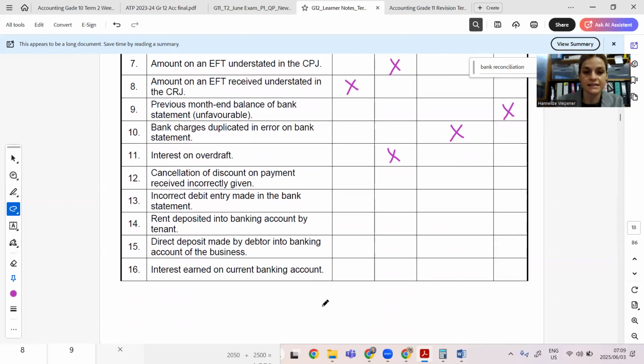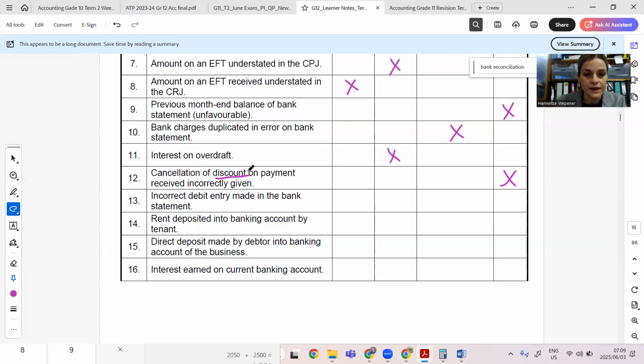But in this case, it's cancellation of discount on a payment received. So in other words, you received money and then you allowed discount. Doesn't mean that you paid or received anything. It will never be on the bank statement. Therefore, there's no entry there. Just because discount is a non-cash item and bank is cash.